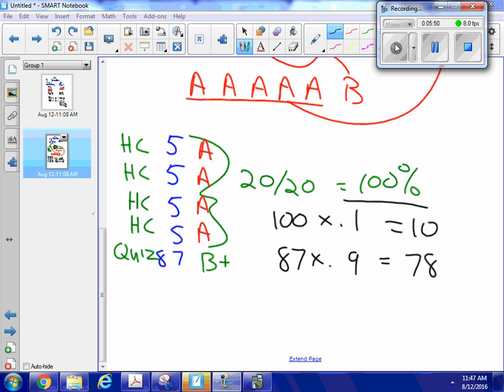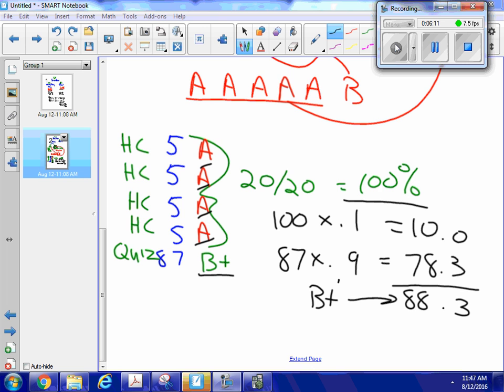So our total score up until that point is an 88.3. Well, that's not an A, that's a B plus. But all you're seeing is A's, and then one B plus. The question is, why is my grade only a B plus?